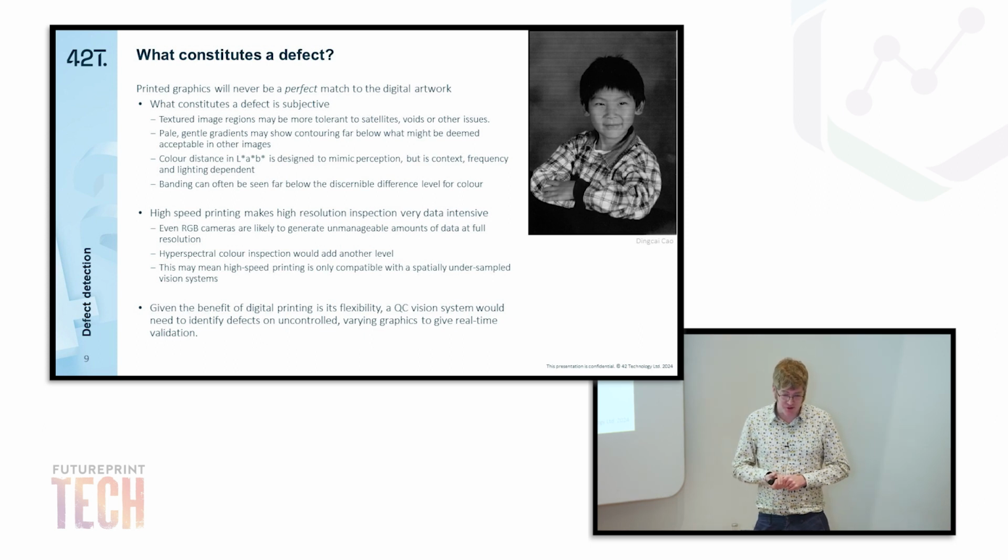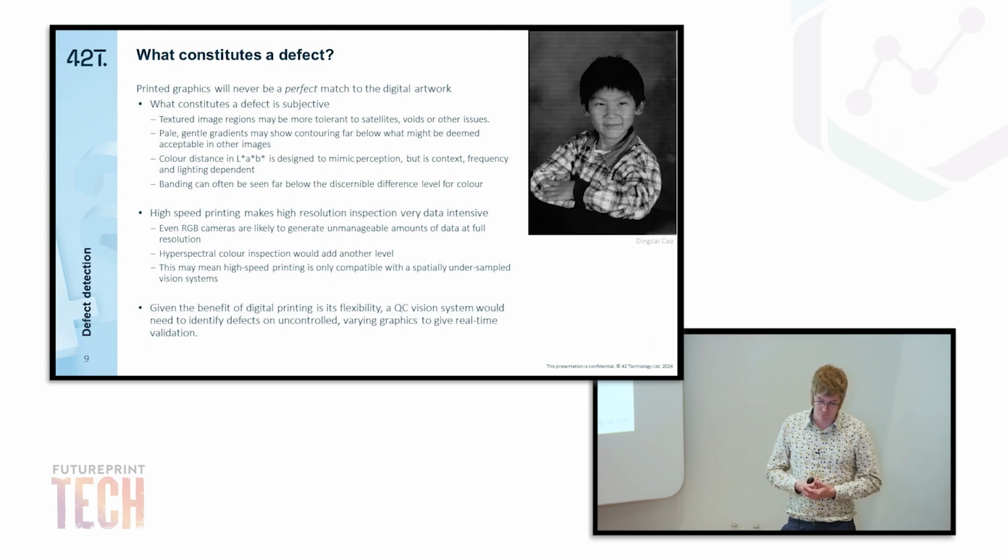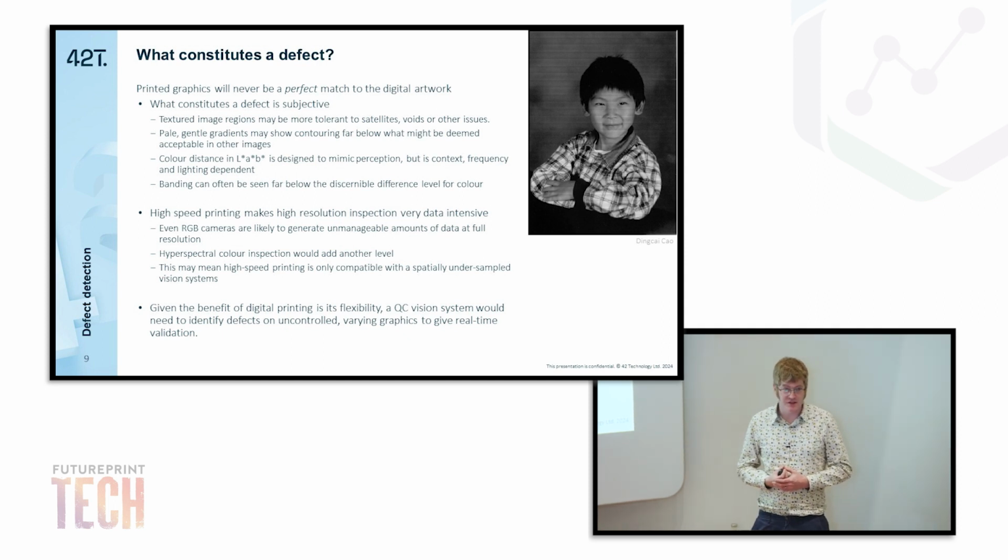Hyperspectral color inspection would add another level, but it's worth noting that the gamut of an RGB camera and its ability to discern colors is far below what the human eye can do, so it's going to be challenging for it to work with that alone. So this may mean that high-speed printing is only compatible with spatially undersampled vision systems.